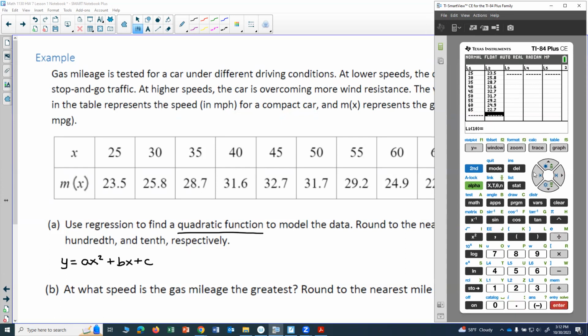Double check to make sure that you've typed everything in correctly, because mistyping even one number can mess up the whole equation. So let me double check this.